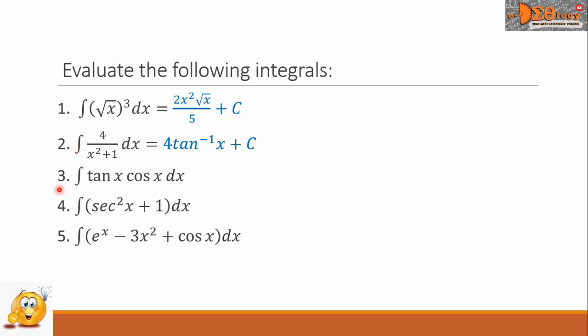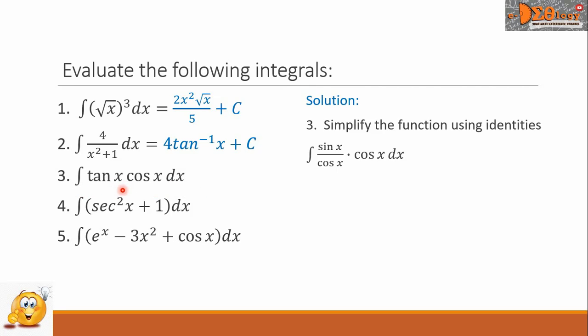Let's go now to problem number 3. The integral of tangent x times cosine x dx. We don't have the direct formula for the integral of tangent x cosine x dx. What we're going to do here, we're going to simplify the trigonometric functions here by showing that the tangent x is equal to sine x over cosine x. So we have this expression now.